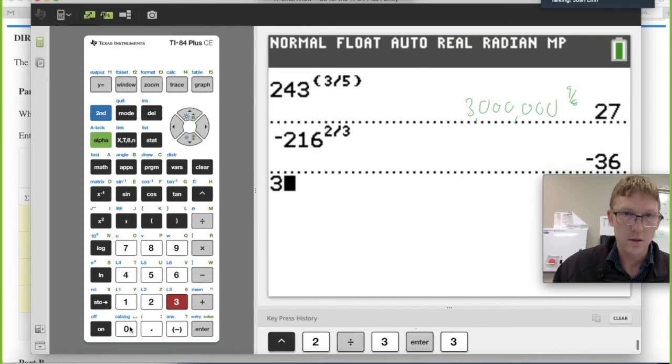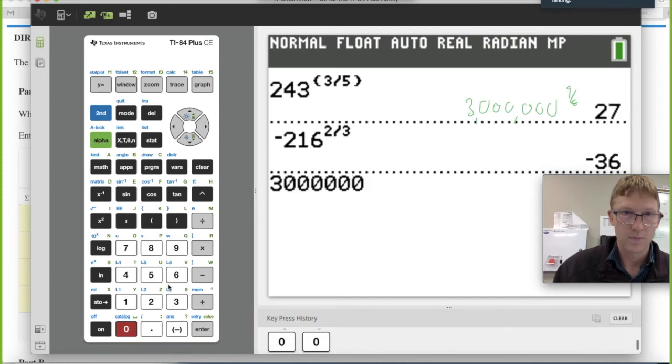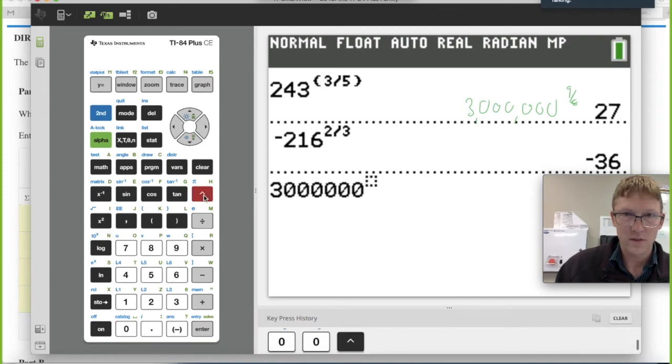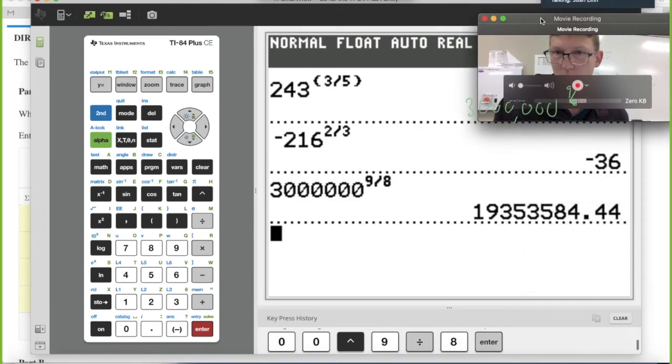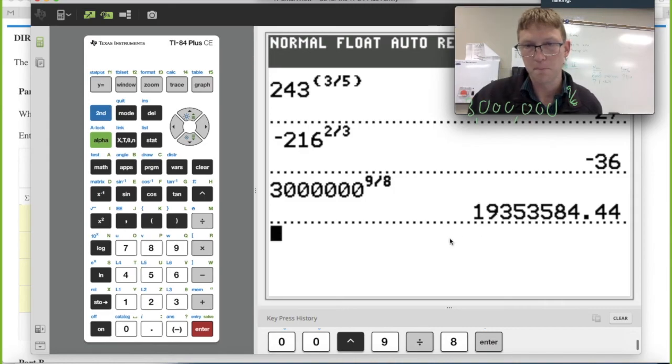So 3,000, or I guess that's million, raised to the power of 9/8 is equal to, move face, you're in my way. Just making sure I did everything right.